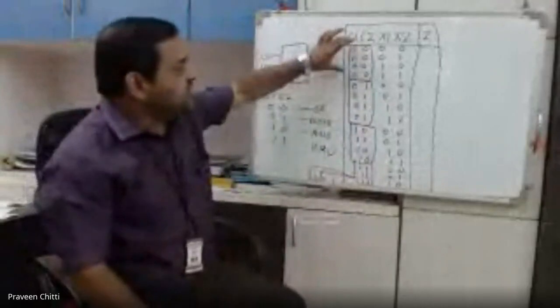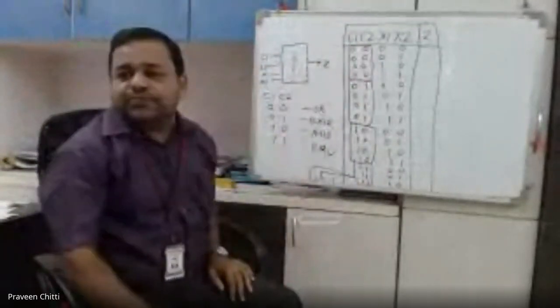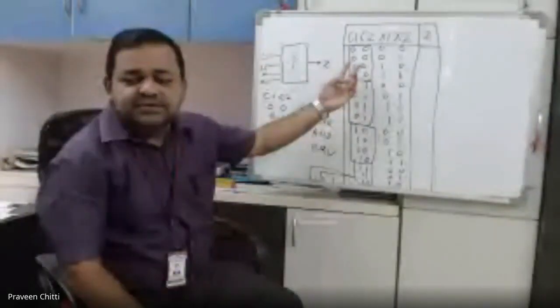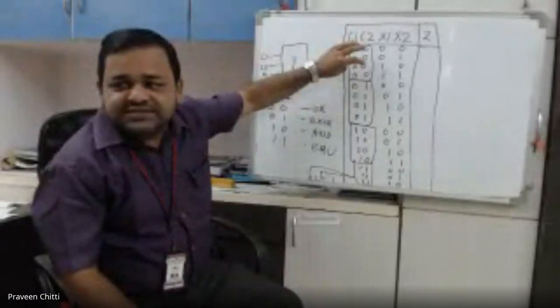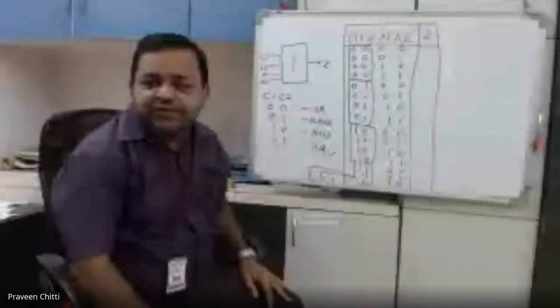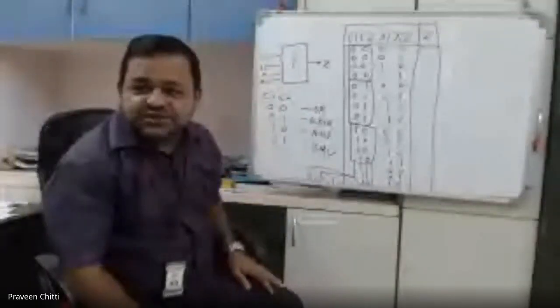For these first 4 input combinations, which operation you have to perform? OR, because here both C1 and C2 are 0, 0. So which operation you need to perform? OR operation of what?